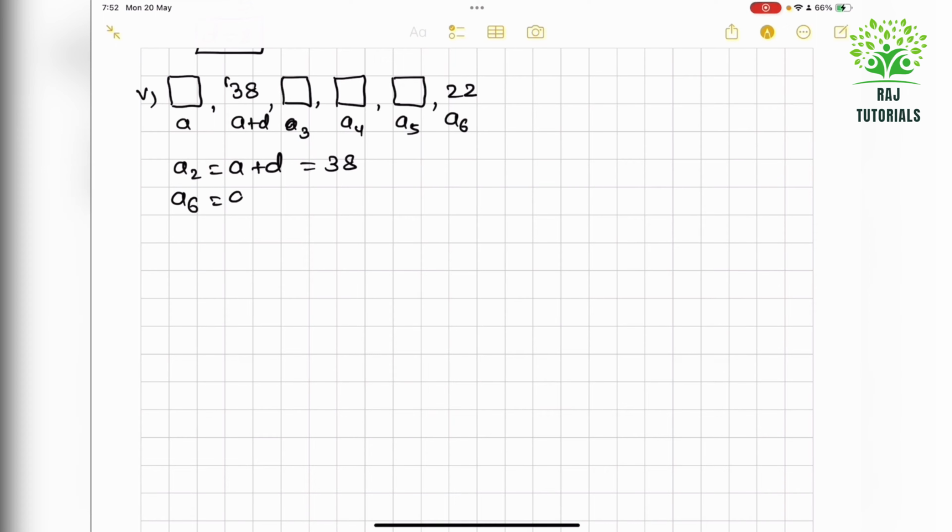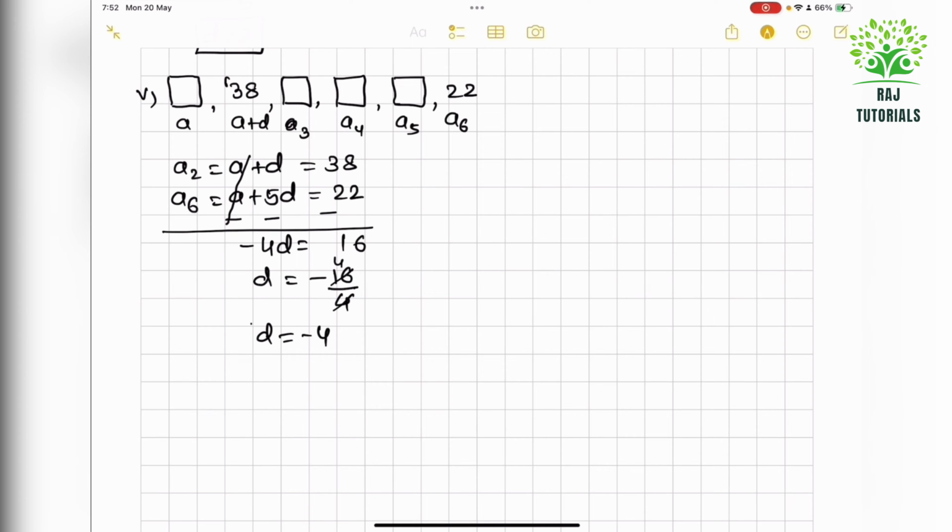And A6, that is a plus 5d, equal to 22. If I do the elimination method here, a cancels, minus 4d will be 16. So d will be minus 16 by 4.